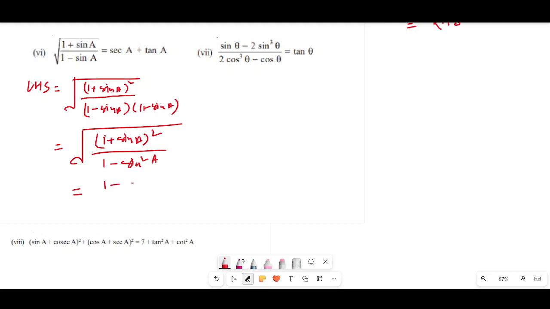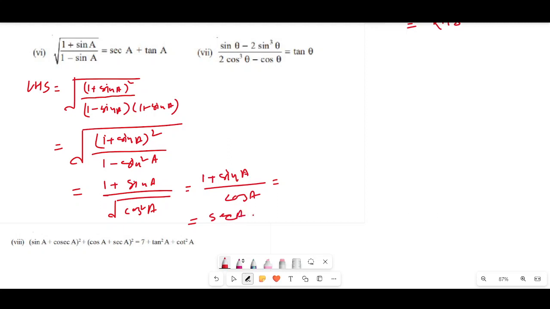Then 1 plus sin A upon 1 minus sin square A, cos square A, under root cos square A, and we can write it 1 plus sin A upon cos A. Then we can write 1 upon cos A, that is sec A, and sin upon cos A, it is tan A, which is equal to right hand side.